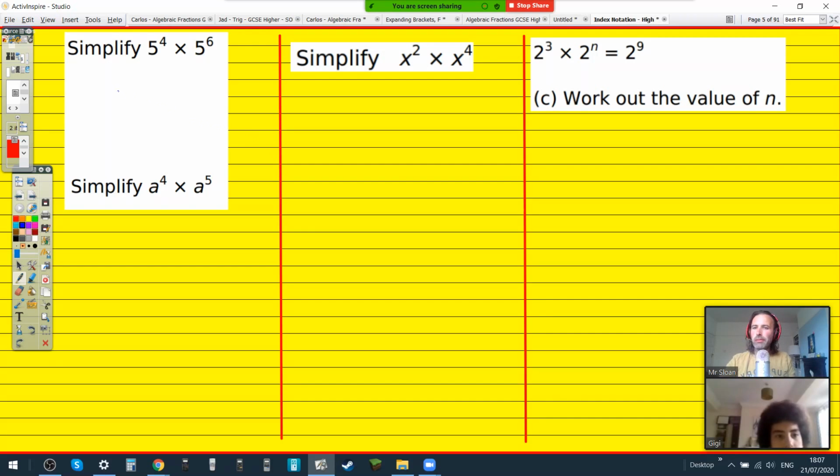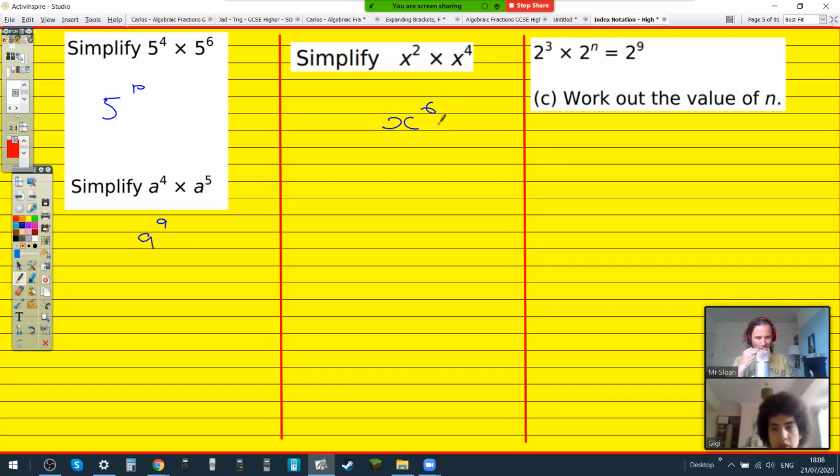Alright. That is 5 to the power of 10. Next one is a to the power of 9. And x to the power of 6.